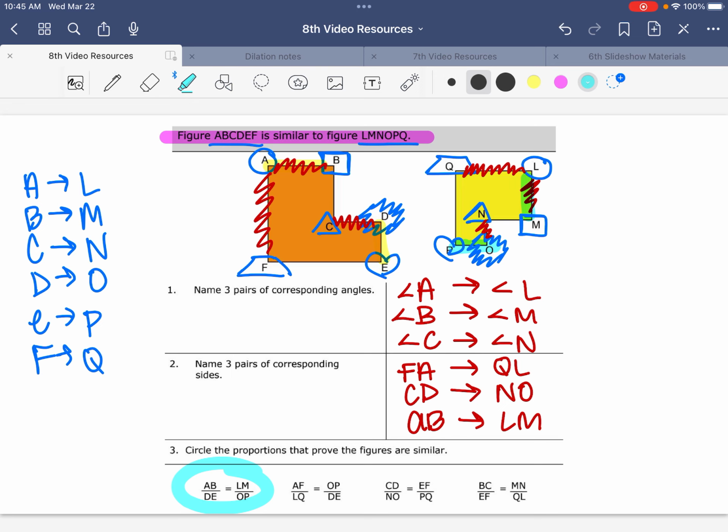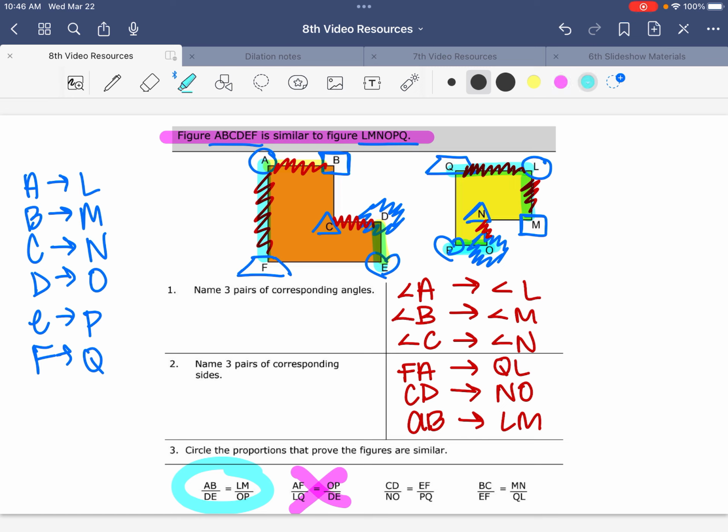Next we will look at side AF over side LQ. Those correspond with each other, and we are going from the bigger shape to the smaller shape, so we need to make sure that the order doesn't change. Well, our second ratio goes from OP to DE. And while those correspond, the order is flipped, so this is not going to be a proportion that proves that these are similar.